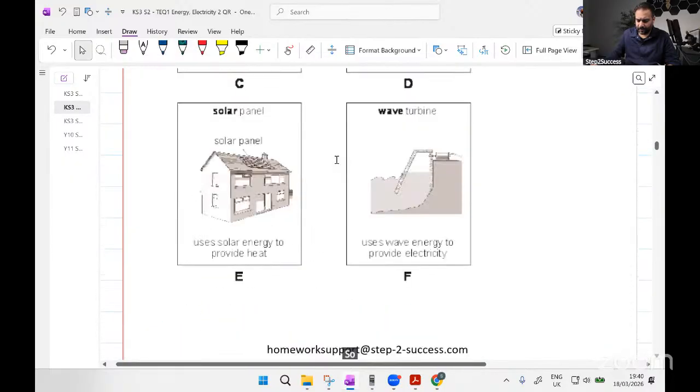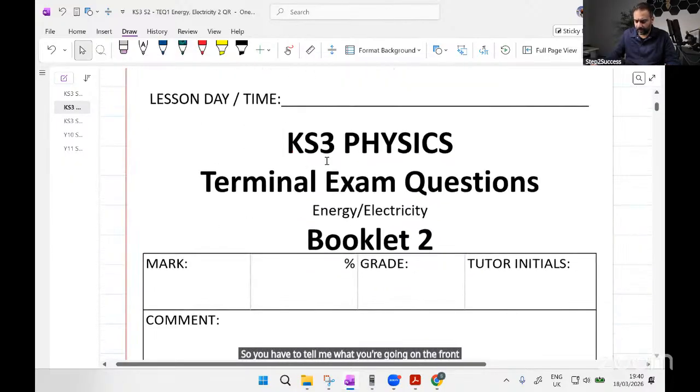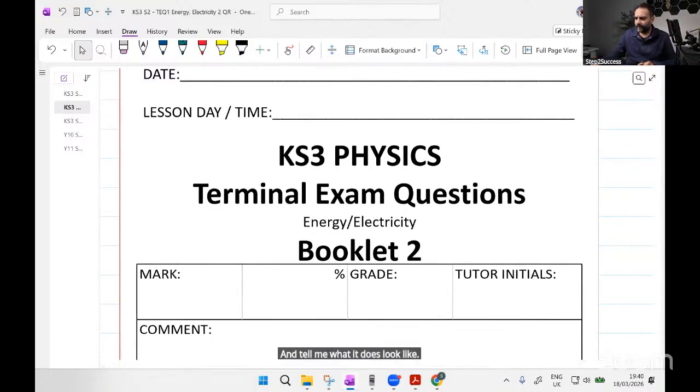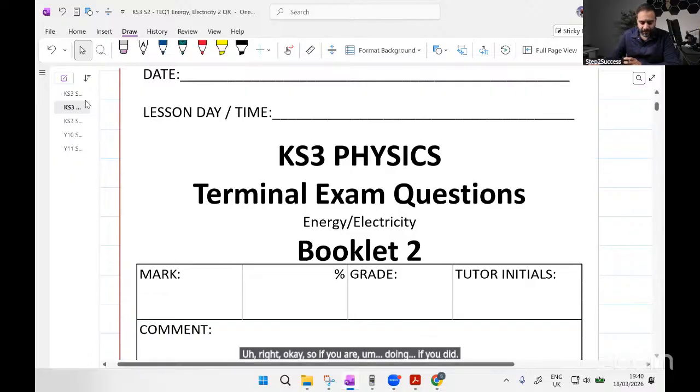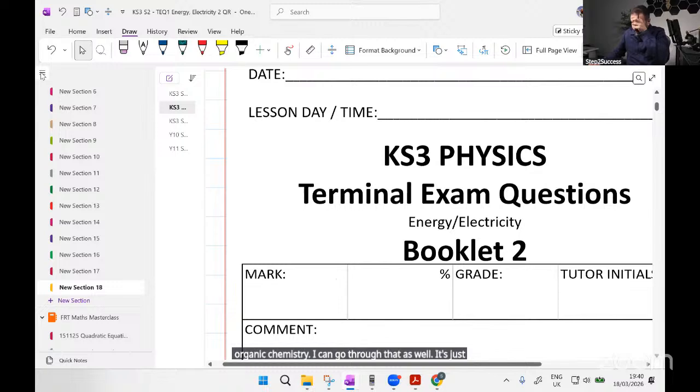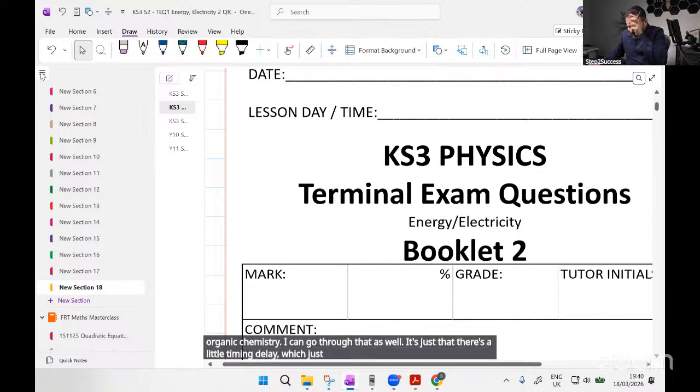So you have to tell me what's on the front of your booklet. If it doesn't look like this, then tell me what it does look like. If you did organic chemistry, I can go through that as well. It's just that there's a little timing delay for the person asking those questions. Which day do you attend and where?